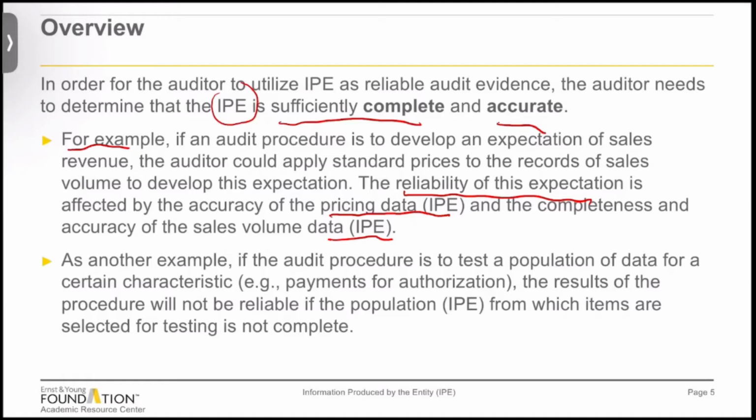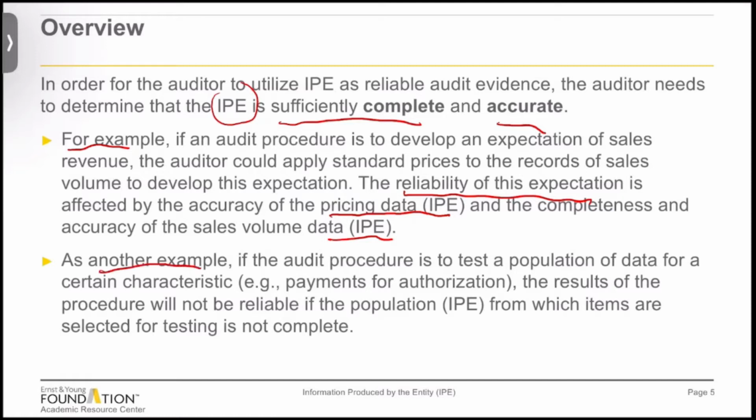So your expectation is directly based on this IPE. If you are not sure whether the IPE on which you base your conclusion is complete and accurate, then your expectation developed through the use of this IPE might also be incorrect.